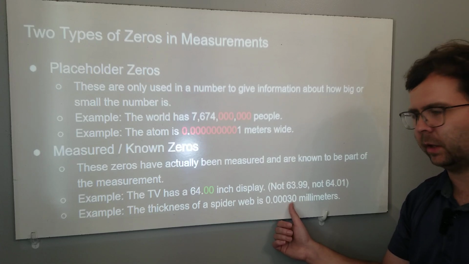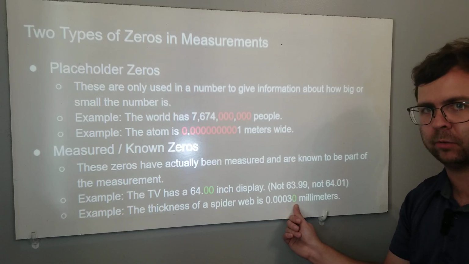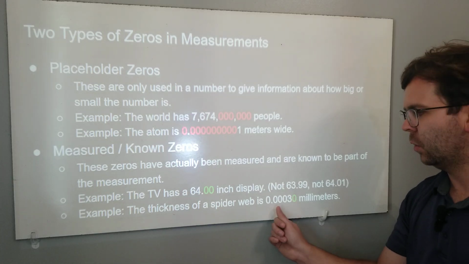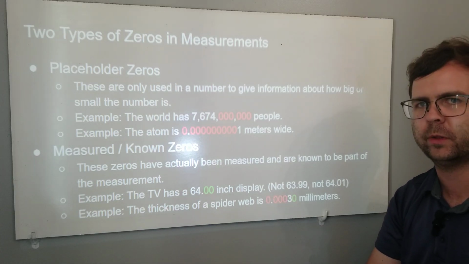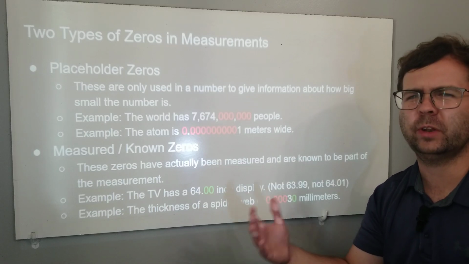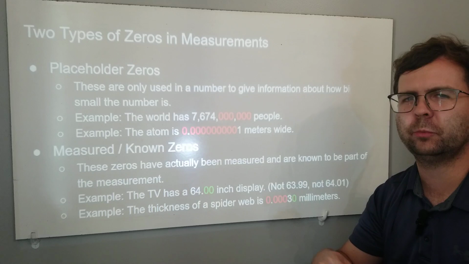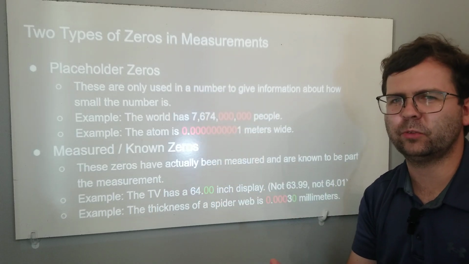This one at the end is part of the measurement. So we do count this one at the end as a significant figure. We don't count the ones at the beginning because they're just there to show how small the number is. So this is the reasoning behind some zeros being significant and some being insignificant.